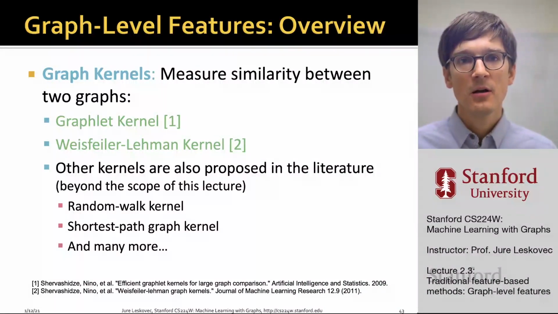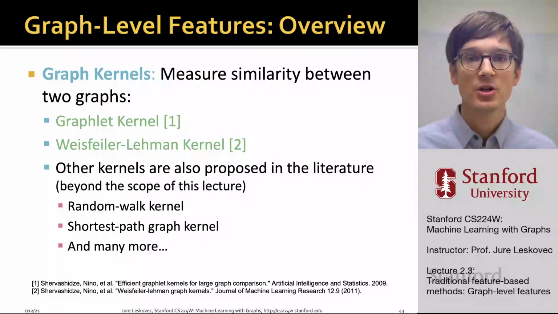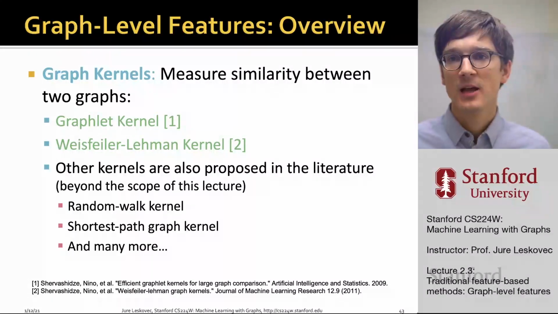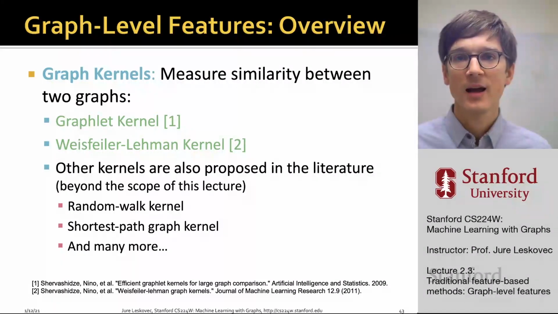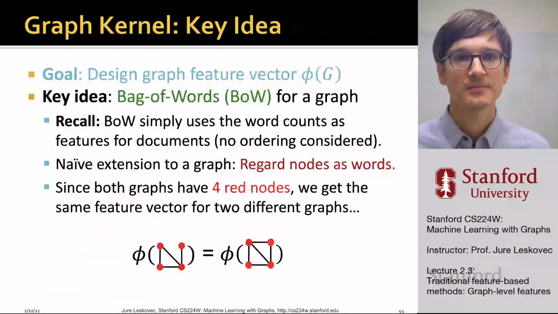In particular, we are going to discuss the Graphlet kernel as well as the Weisfeiler-Lehman kernel. There are also other kernels proposed in the literature, but this is beyond the scope of the lecture, for example the random walk kernel, shortest path kernel, and many others. And generally, these kernels provide a very competitive performance in graph level tasks.